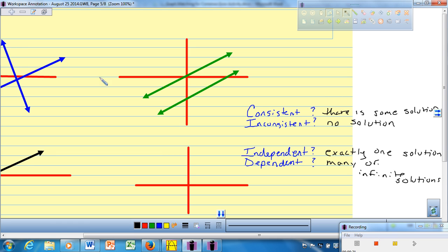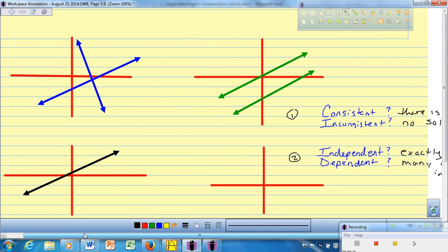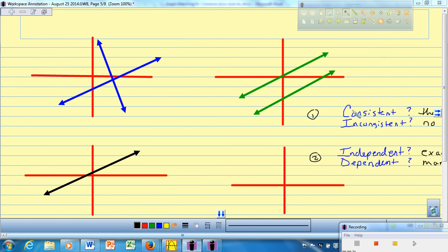So when we classify systems, we pick one of these two, and we pick one of these two. Okay, so let's go back over here. We have to say whether each system is consistent or inconsistent, independent or dependent.